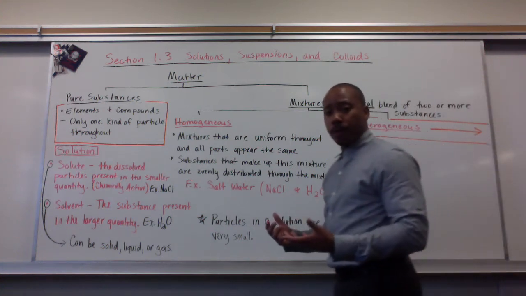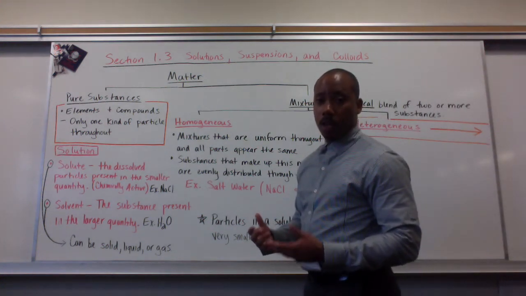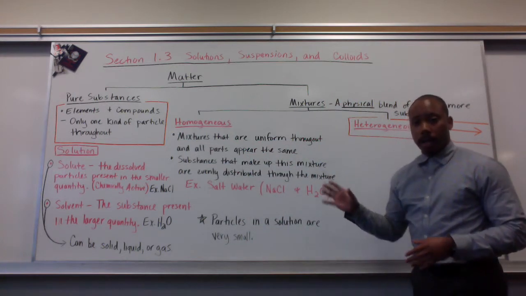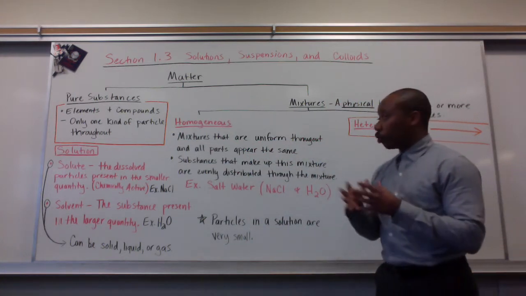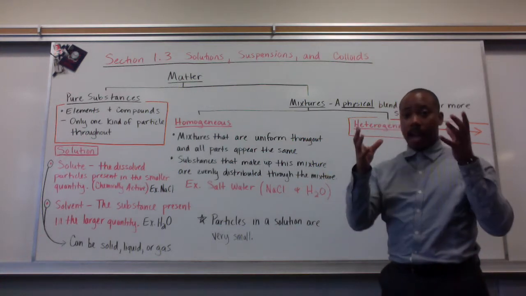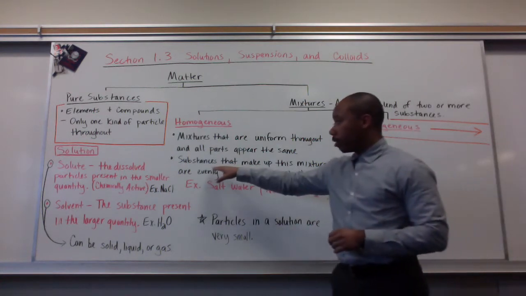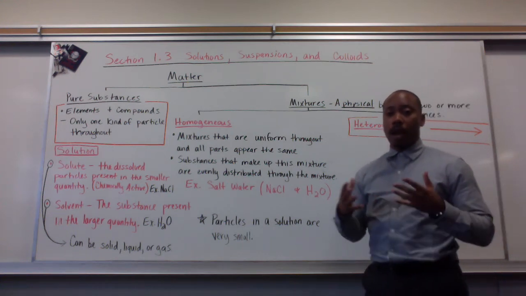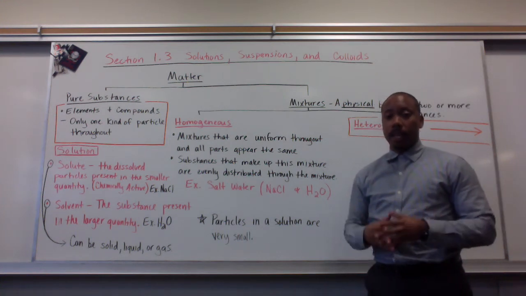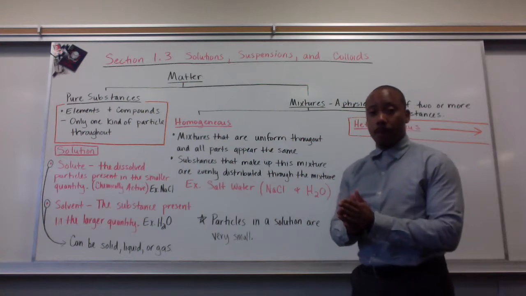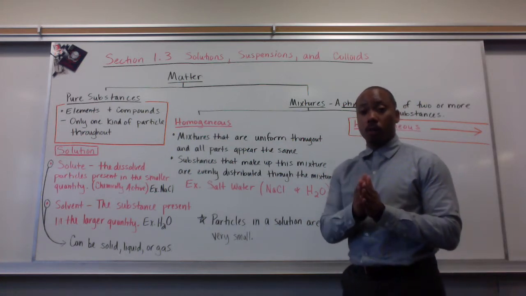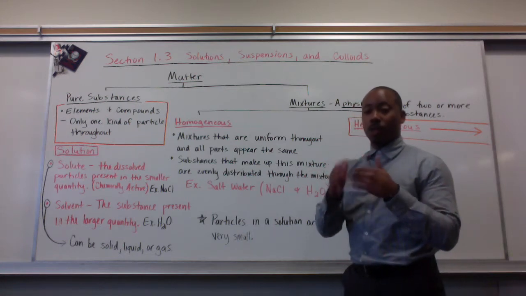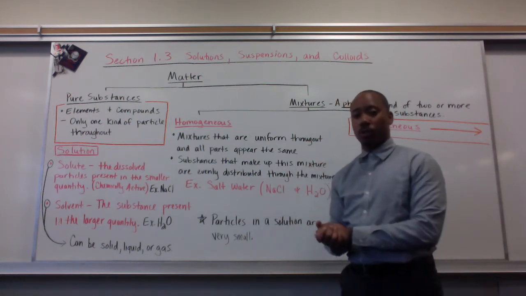So let's review what a homogeneous mixture is. Homogeneous mixtures are mixtures that are uniform throughout, and all parts of that mixture look the same to the naked eye. And the substances that make up this mixture are evenly distributed throughout. In class, we did an example in our investigation using salt, which is sodium chloride, and water, which is H2O.